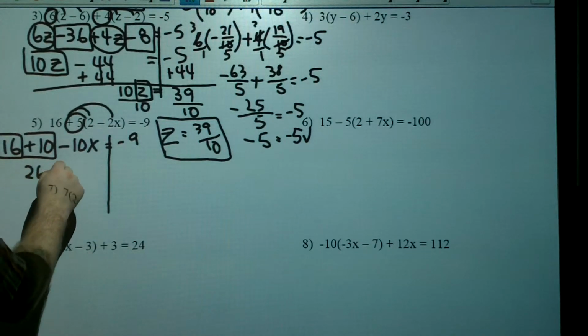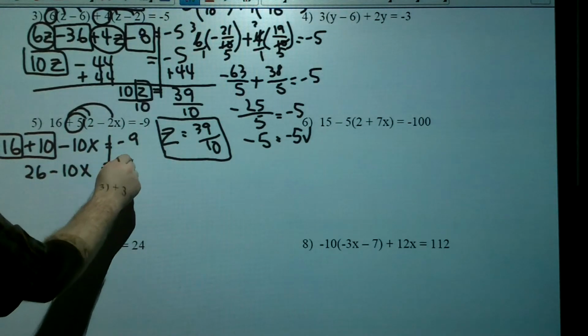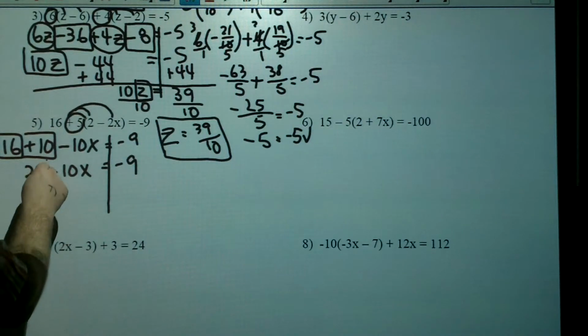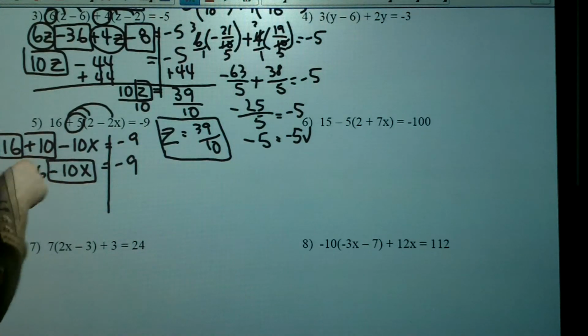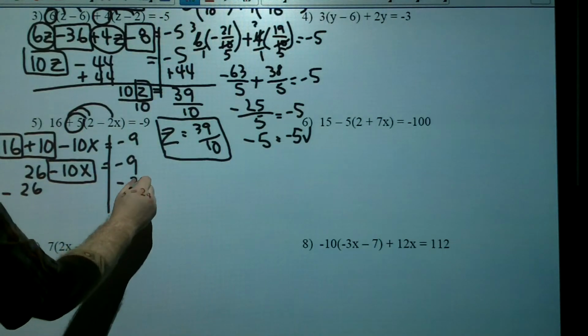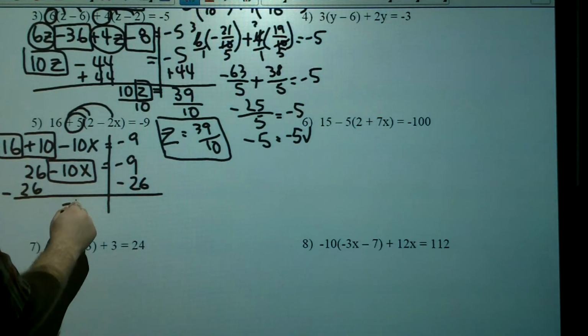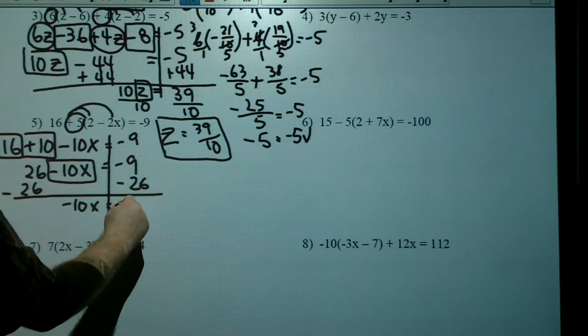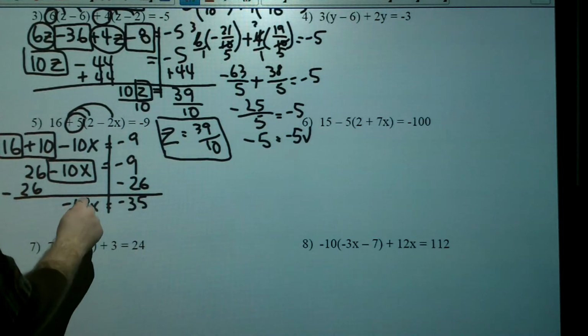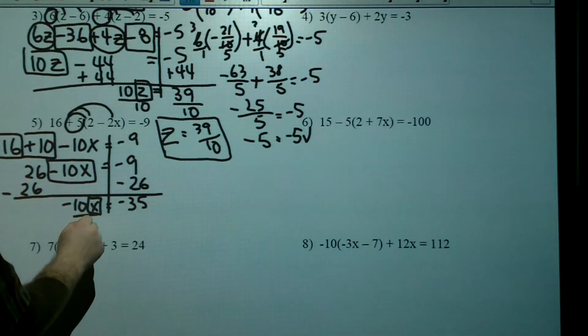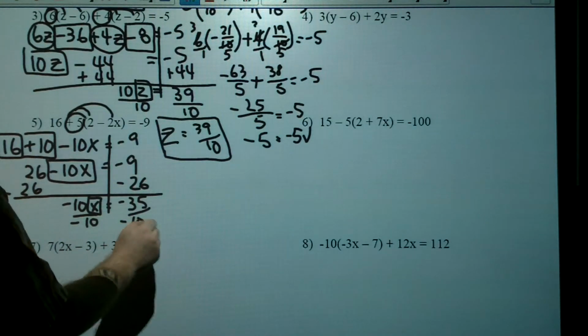That's 26 minus 10x equals negative 9. I want negative 10x by itself, so I can get rid of the 26. So I'm going to subtract that because right now it's a positive. Negative 10x equals negative 35. I want x by itself, so I divide by negative 10.